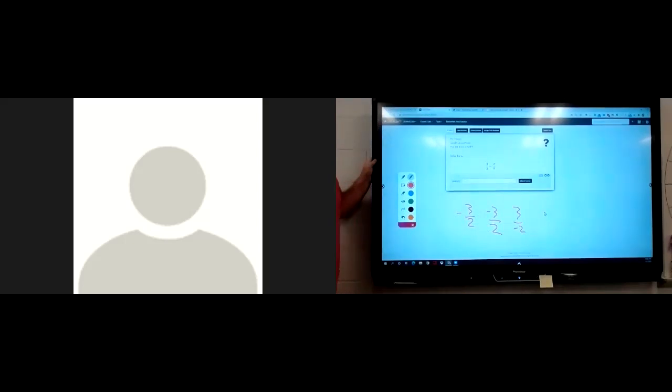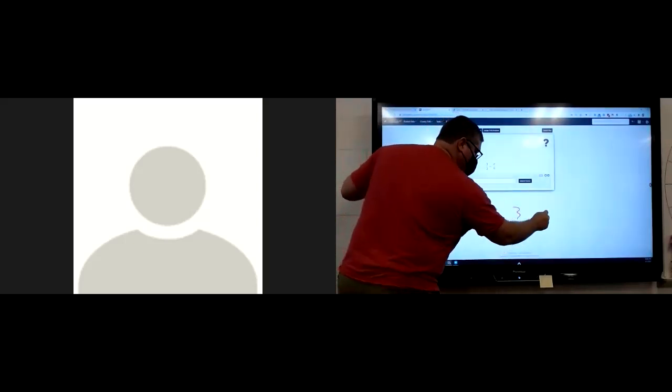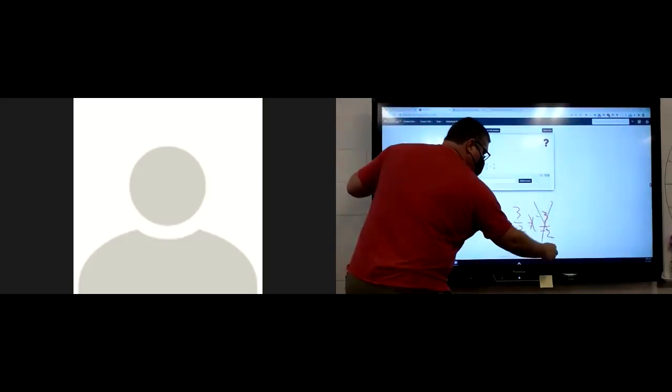That would also be totally okay. You know what it can't be? It can't be that. How come? Because what's negative 3 divided by negative 2? It's not negative anymore, is it? Because two negatives make a positive. So that's the only thing it can't be.